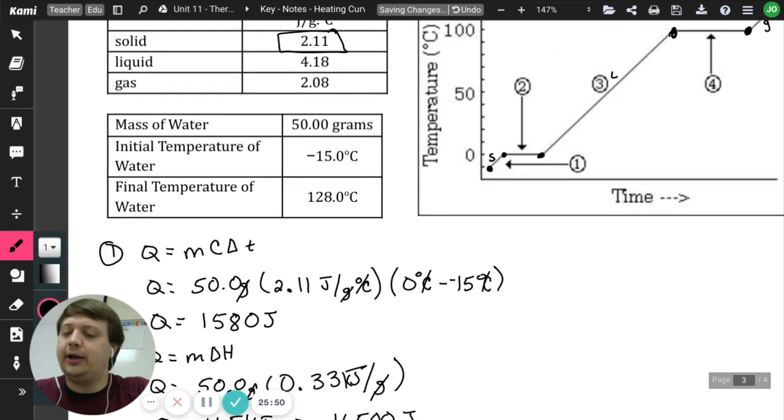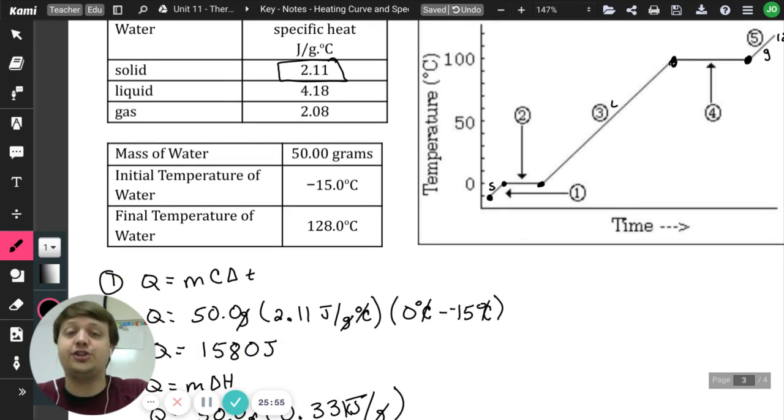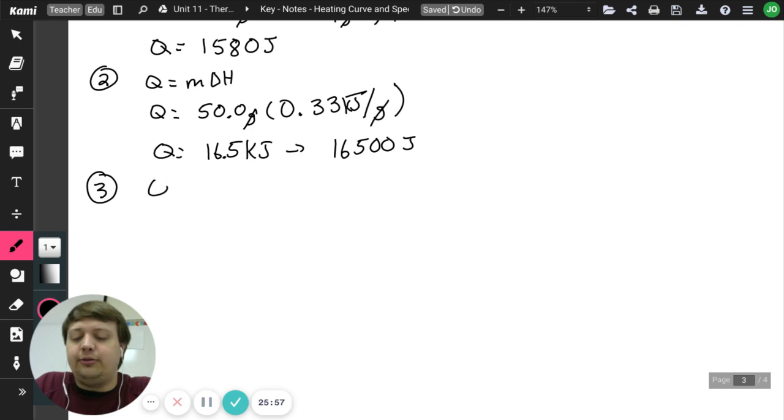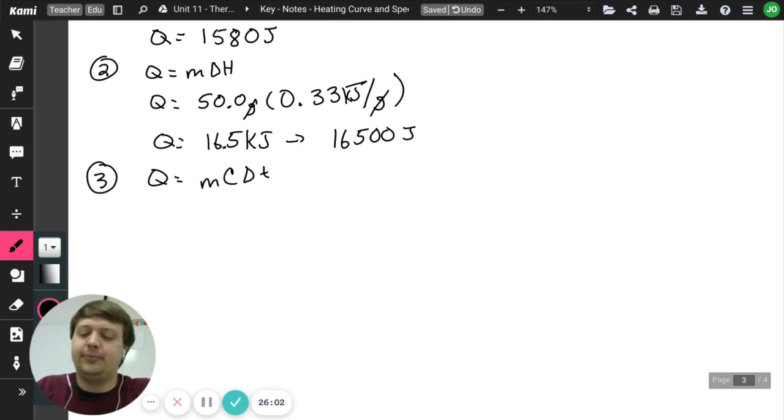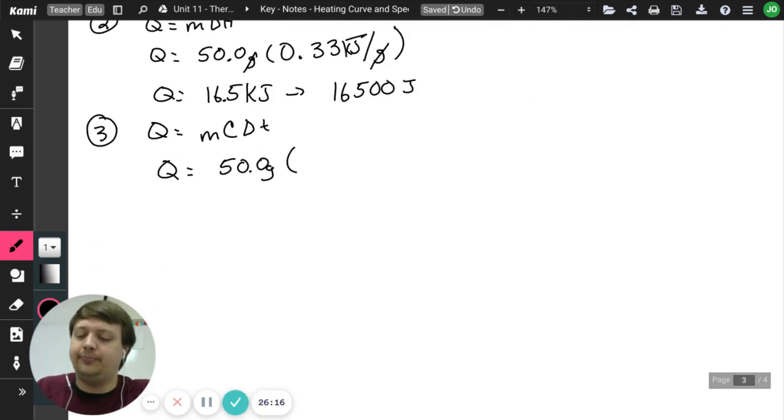Now I'm in step 3. So looking up here at step 3, I'm 100% liquid. I am seeing a change in temperature, so I'm going to use Q equals mc delta T. So then my Q equals my mass, 50, times my C. Now the specific heat for liquid water is 4.18, so I have 4.18 joules per gram degree Celsius.